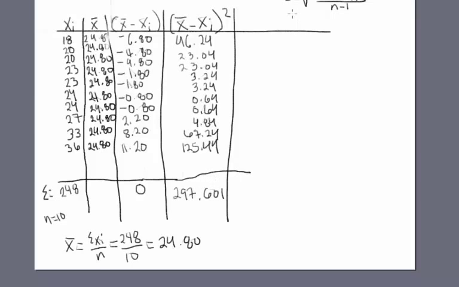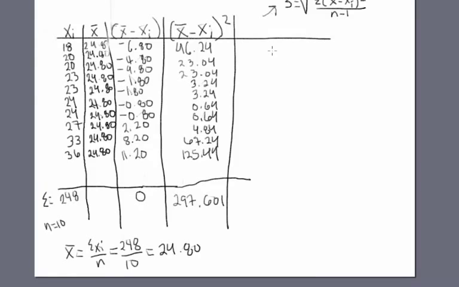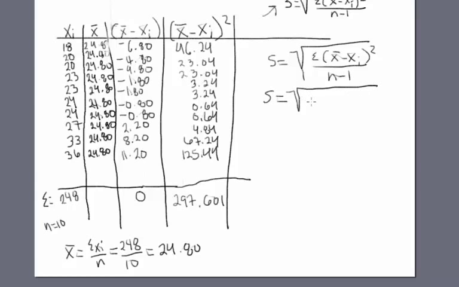Now you can plug your values into this formula here. So let's go ahead and do the work. I'll show our formula. Sample standard deviation is equal to the square root of the sum of the quantity x bar minus x sub i squared over n minus 1. So now we'll plug in our values. Remember to keep using the square root sign.